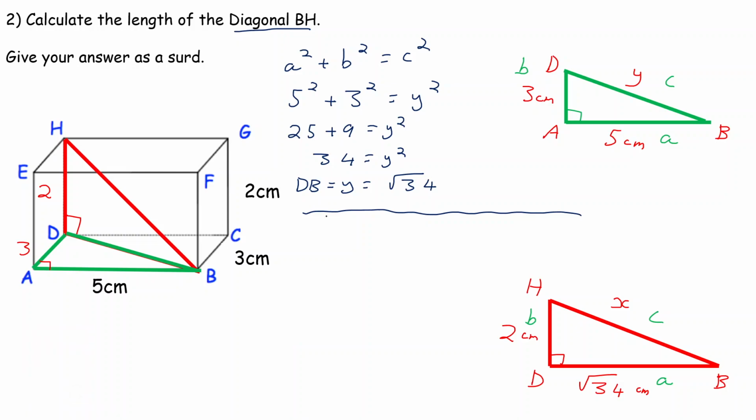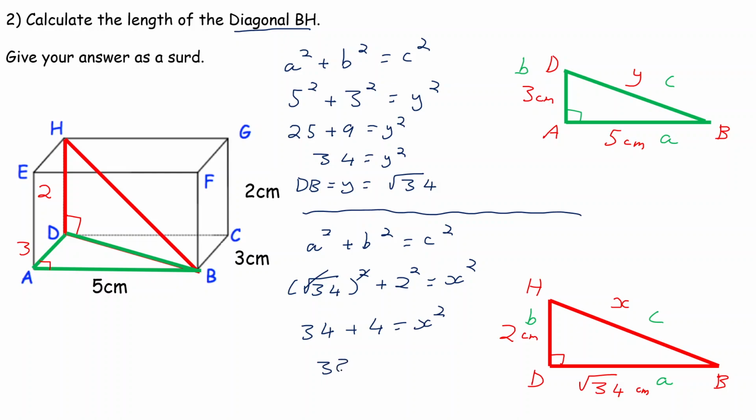Putting it into my formula, A is this time root 34, so root 34 all squared plus B squared, B is 2, so plus 2 squared equals C squared, which I've called X squared. The root and the square cancel, they're inverse operations, so you just get 34 plus 2 squared, which is 4, equals X squared. 34 plus 4 is 38, equal to X squared. So X is equal to the root of 38.